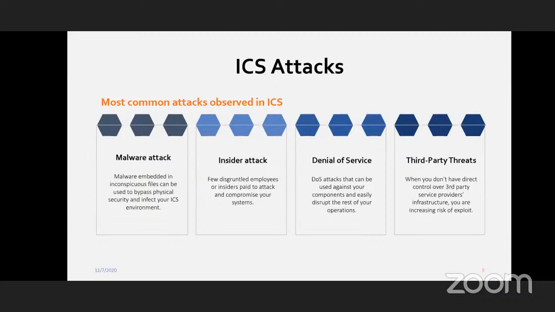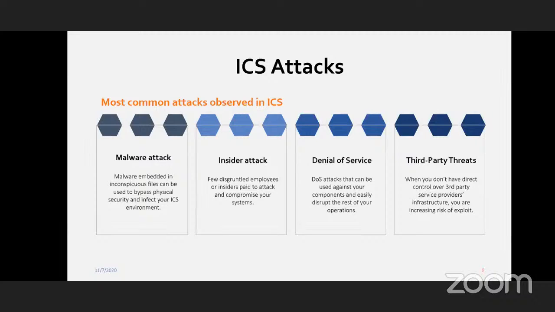Denial of service attacks are likely to be observed in ICS because they use both wired and wireless communication. If you suffer attacks on these connections, you can experience an interruption of real-time communication between your ICS components.